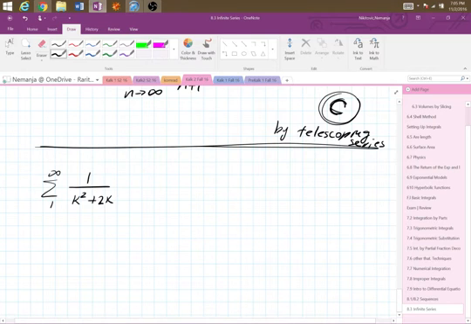So does this look like something that we can do by telescoping series? No. It does. How do we transform this into something that we can do telescoping series with? Partial fraction decomposition. There you go.